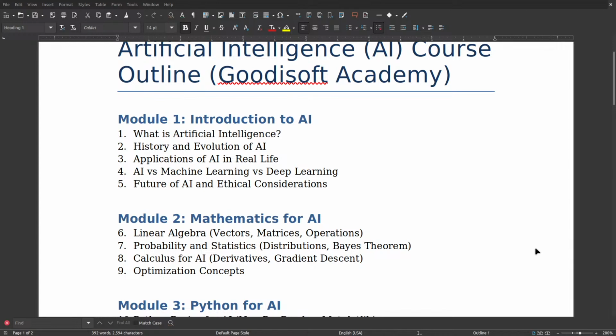Machine learning is used in recommendation engines, fraud detection, and disease prediction systems. Deep learning makes use of facial recognition, self-driving cars, and all those. So those are their core differences.